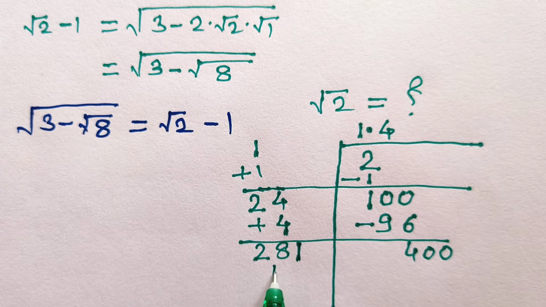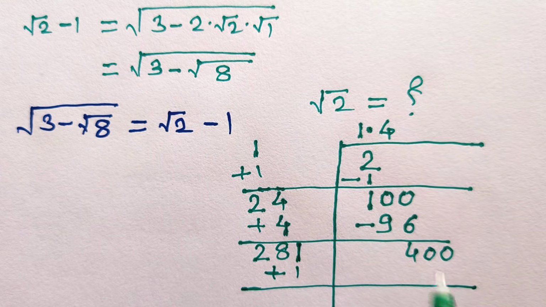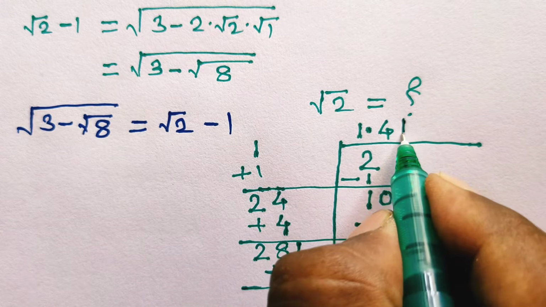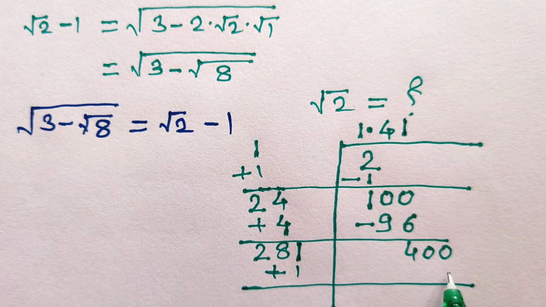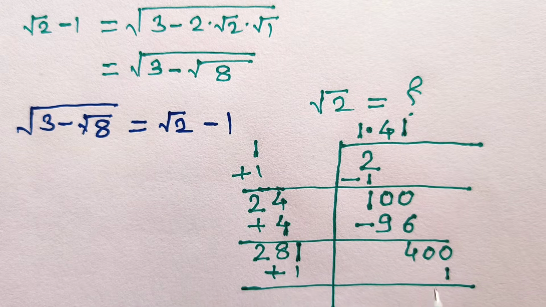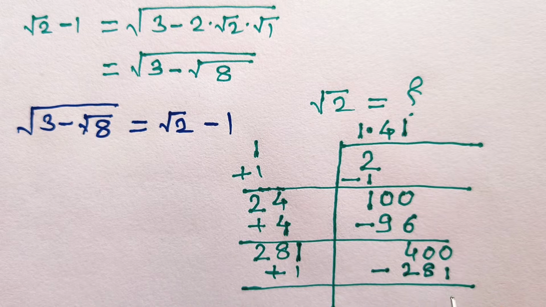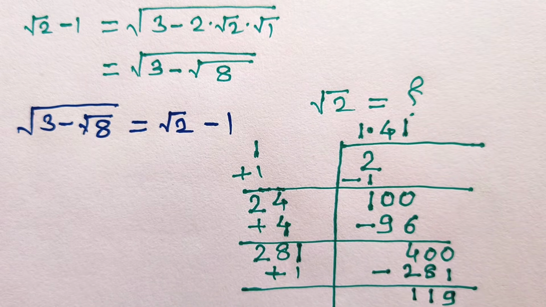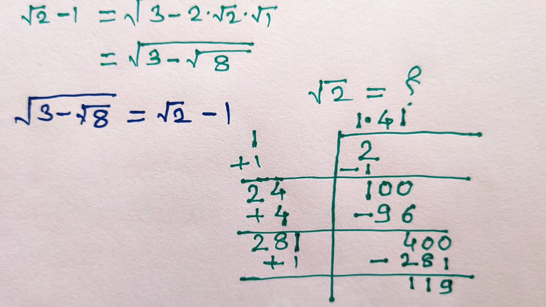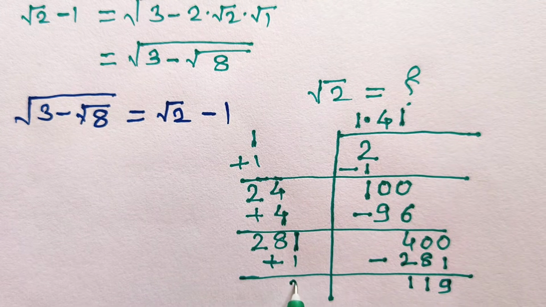So plus 1, and this one we have to put here also. 1 into 1, 1. 1 into 8, 8. 1 into 2, 2. Subtract, that gives 119. Okay, and here 1 plus 1, 2, 8, 2.